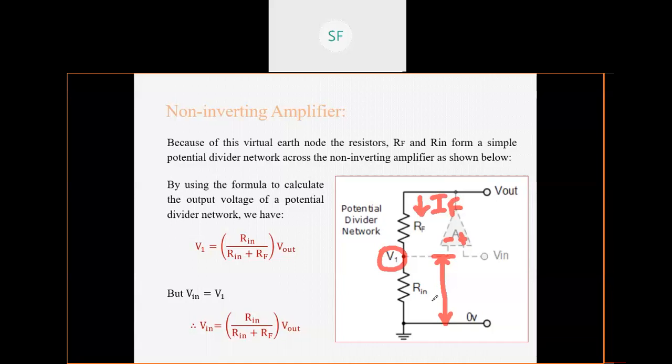If you want to find out the voltage across any resistance, in the numerator you write the resistance of that particular resistor divided by the total resistance. Here in this case total resistance is Rin plus Rf, and then you write the total voltage. Okay, so this is the formula.